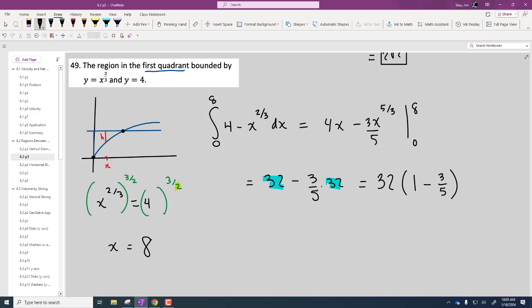That we can do in our head. We don't have to worry about dealing with the 96 over 5 thing. So this will end up being 32 times 2/5. And that's going to give us 64/5. Make sense?